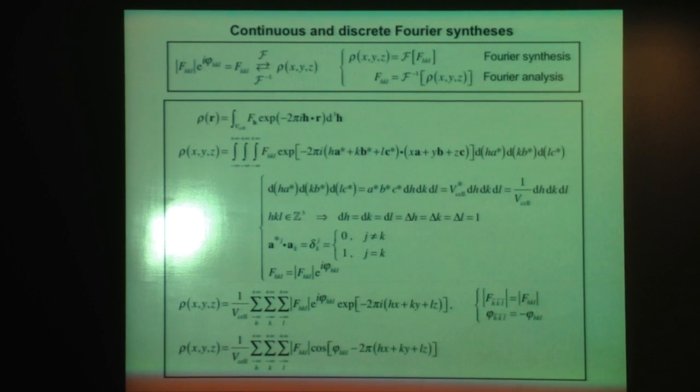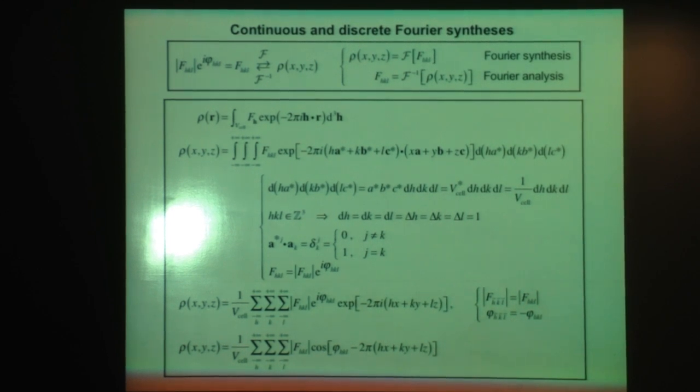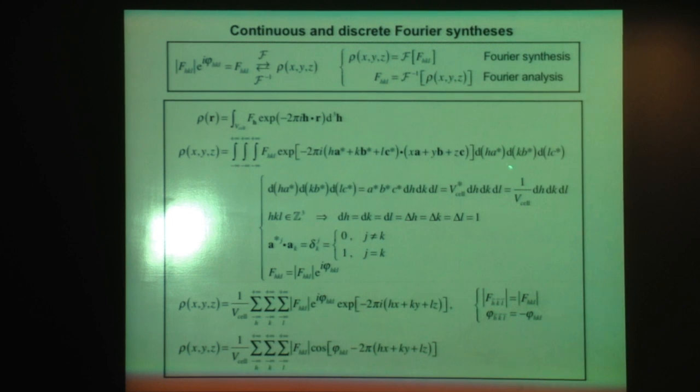So we've already talked about this business of continuous and discrete functions, and this is the way it elaborates too, that the differentials are differential of h a star, differential k b star, and so on for this integration. So if we write those out, what does that come down to? That comes down to a star, b star, c star times dh dk dl. That a star, b star, c star is the volume of the reciprocal cell.